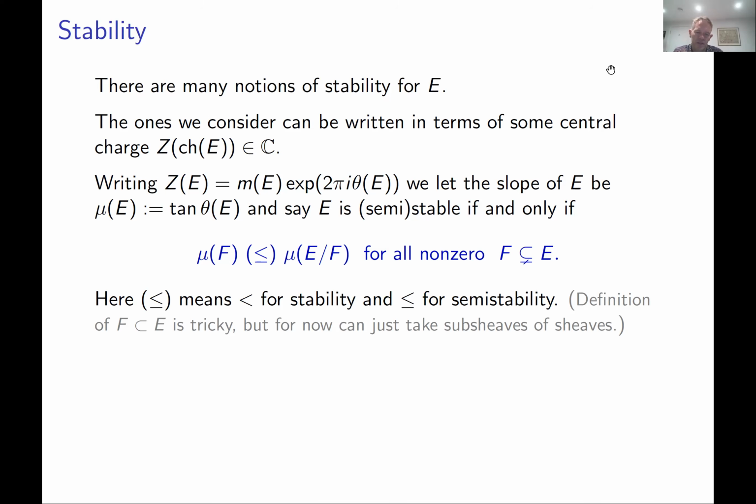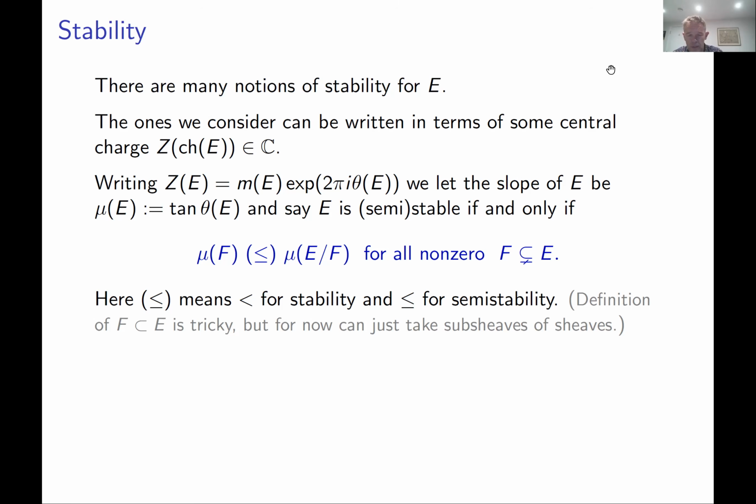And there's various versions, semi-stability, stability, and so on. But the important thing is what you mean by sub. So usually when you're dealing with just something called the Abelian category of coherent sheaves, so when you're just dealing with sheaves, then sub it's obvious what you mean. You mean a sub-sheaf or a sub-bundle. But in reality, it's important that we're going to work in more exotic Abelian categories.